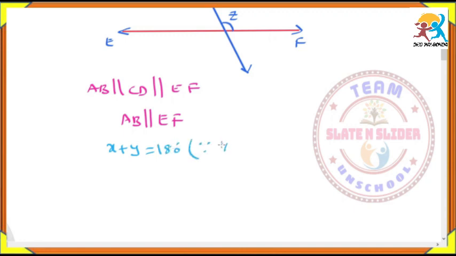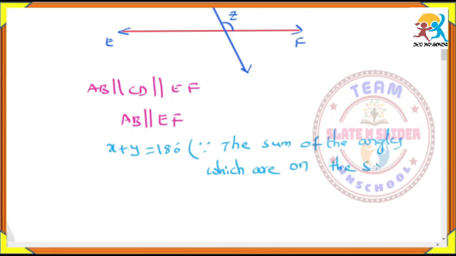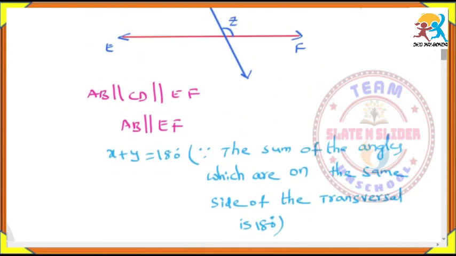Since the two angles are on the same side of the transversal and they are interior, their sum is 180 degrees. So the sum of the angles which are on the same side of the transversal is 180 degrees. So we can write x plus y is equal to 180 degrees.